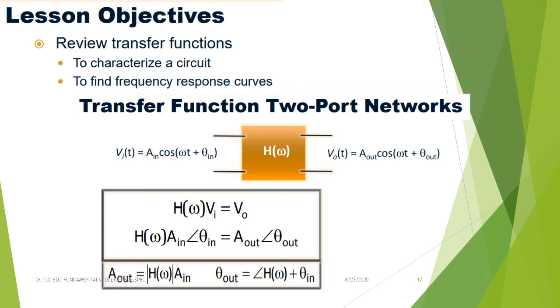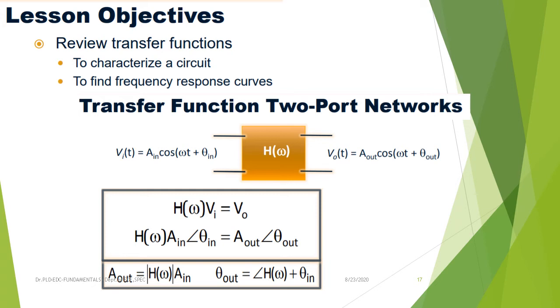These are the input and output equation notations in the two-port networks of AC equivalent circuits. Each and every two-port network has its own transfer function in the frequency domain, which we denote with H of omega. That is, H of omega is the transfer function of this two-port network, expressed in terms of the angular frequency omega.